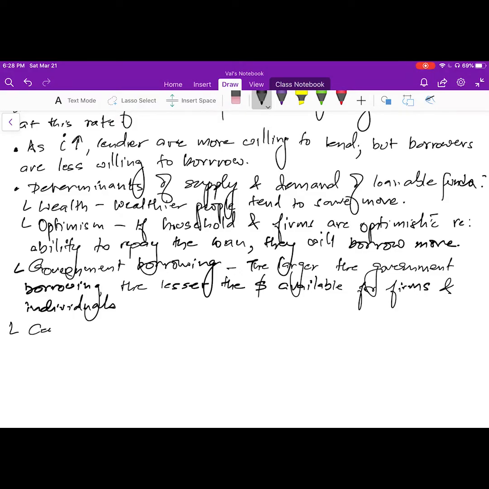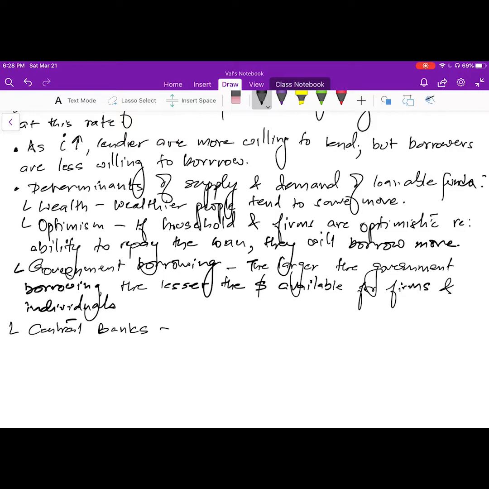Okay, so government borrowing is one. Central banks play a very important role in determining how much loanable funds to make available for the markets. And what are their decisions based on? Most central banks have what's called a dual mandate, to achieve a maximum level of employment with stable price levels.